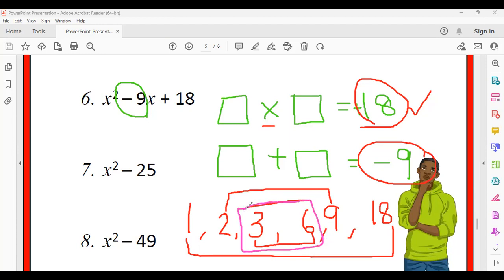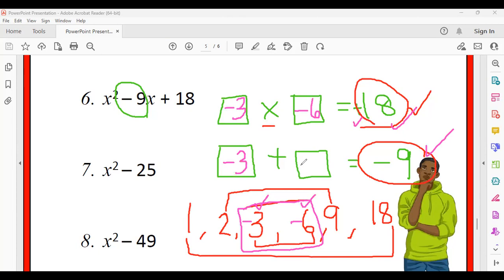Yes or not? If it's positive, it's very easy. But if it's negative 9, that means this must be negative 3 and this must be negative 6. Then negative 3 plus negative 6 is going to give me negative 9. And negative 3 times negative 6 will give me positive 18.